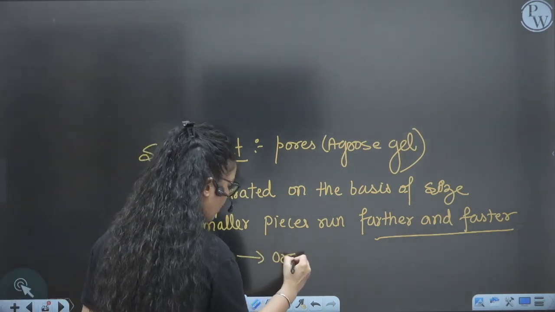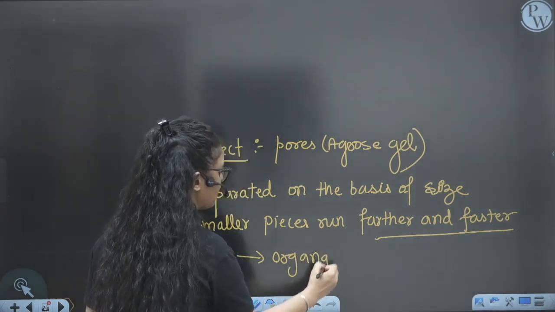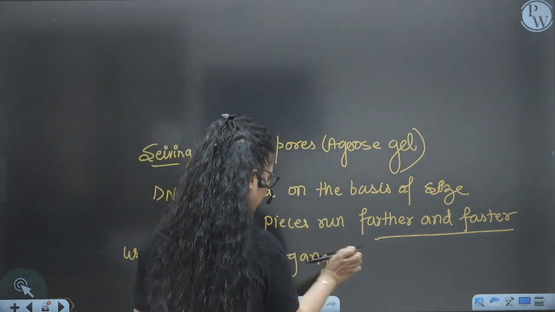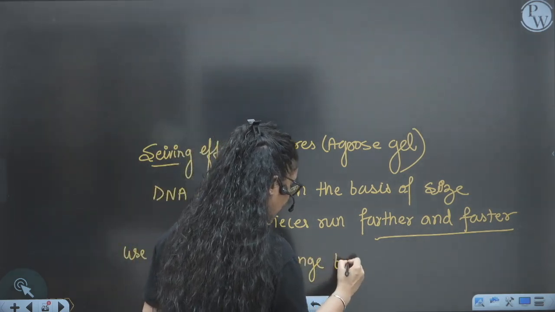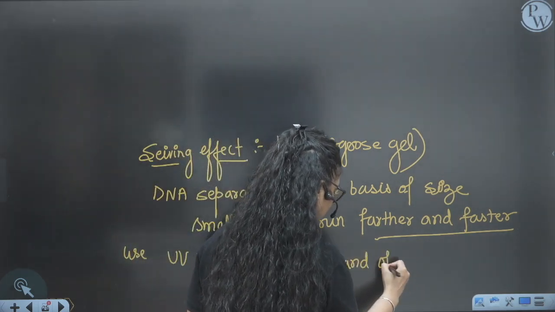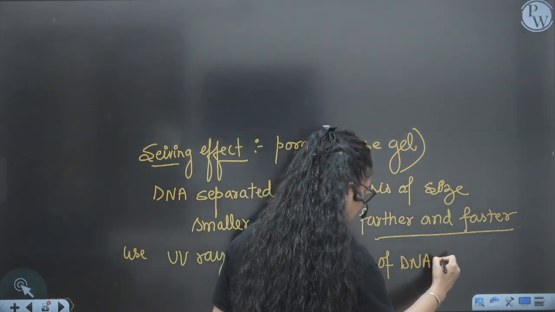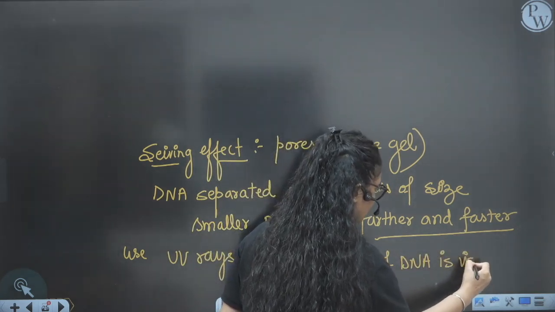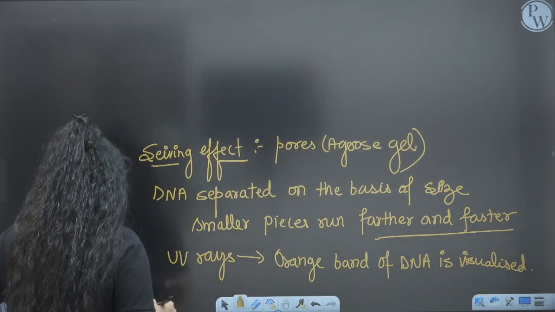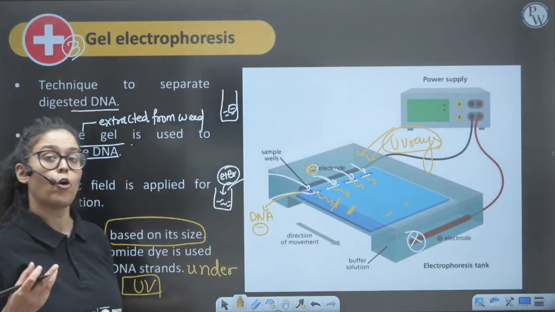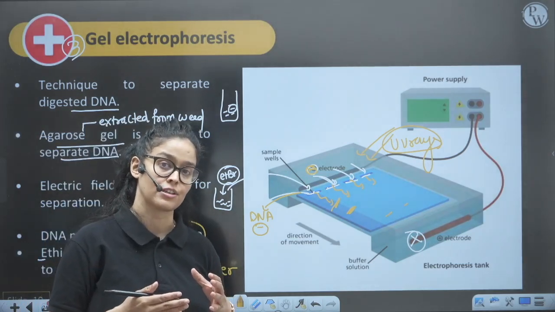Because of ethidium bromide, the orange band of DNA is visualized. Why do they become orange? Because they have ethidium bromide, which gives them the orange color in the presence of UV radiation.